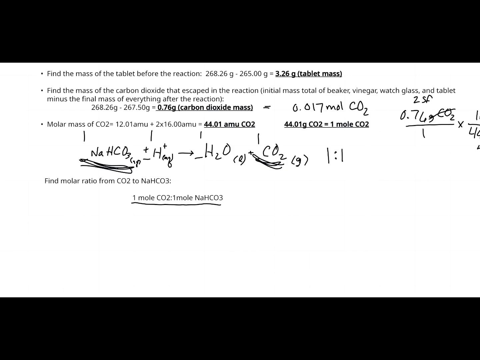So if I have a 1-to-1 mole ratio and I want to go from moles of carbon dioxide to moles of sodium bicarb, I'm going to open my dimensional analysis and put it over 1. And then I'm going to put my conversion factor. And remember, we consider the coefficients in our conversion to be exact. So this doesn't get counted in my sig fig numbers, okay?